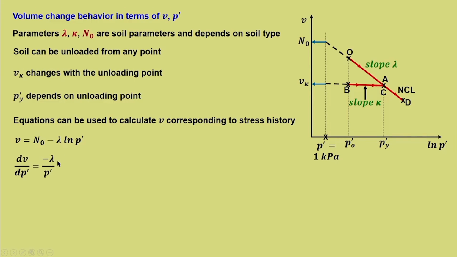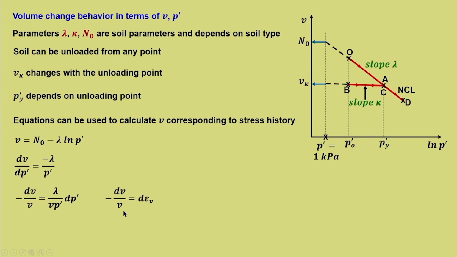If you differentiate ln P dash, it is 1 by P dash. Now, if you write minus dV by V, this is nothing but volumetric strain, which is equal to lambda upon V P dash dP dash. So you are just dividing by V here and bringing dP dash to this side.